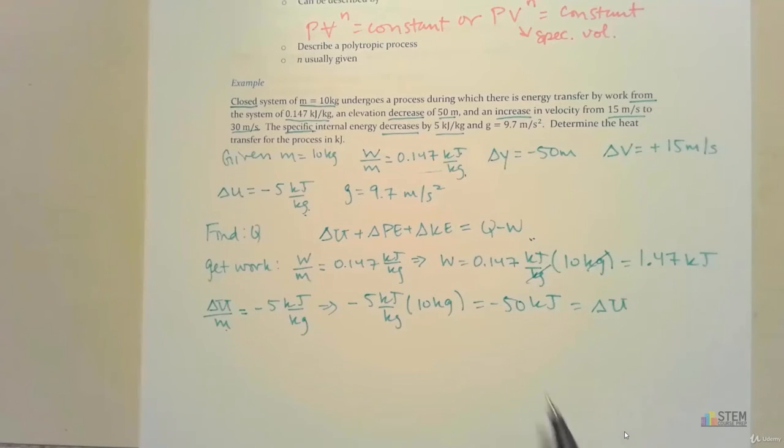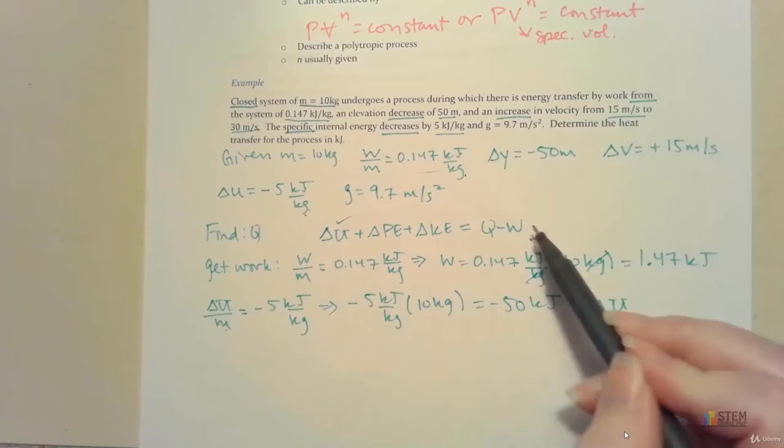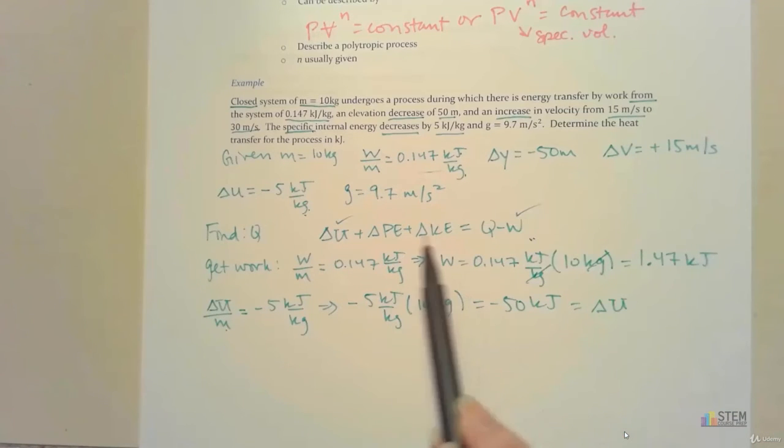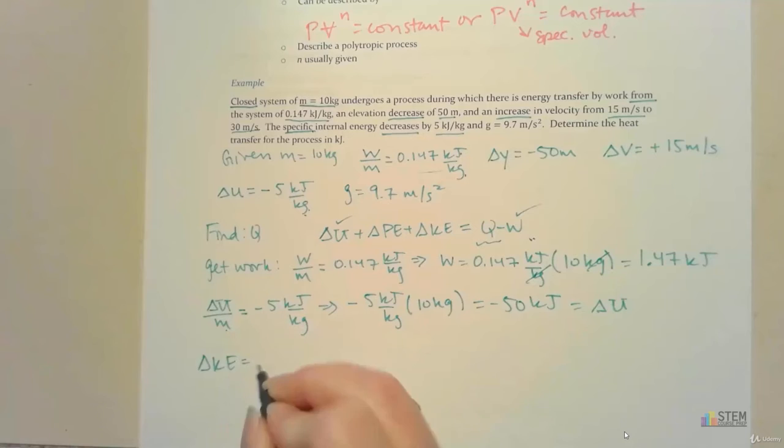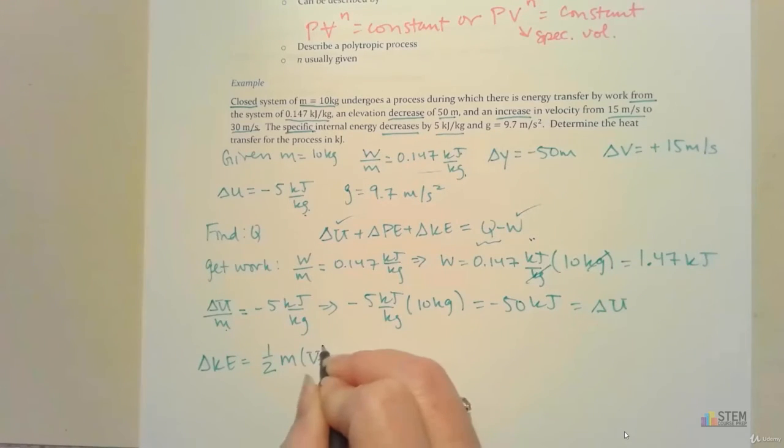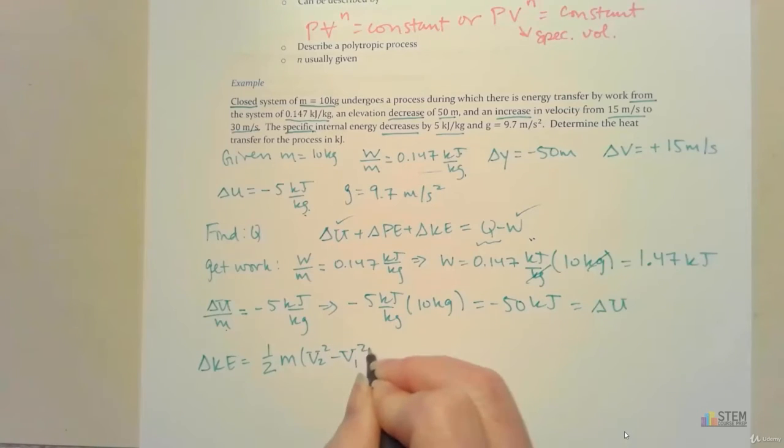So now we've taken care of this. We've got two more. Q is what we're looking for. So next let's do kinetic energy. Remember our equation for that is 1/2 m times v2 squared minus v1 squared, where those are velocities.